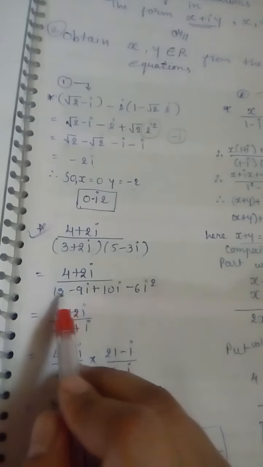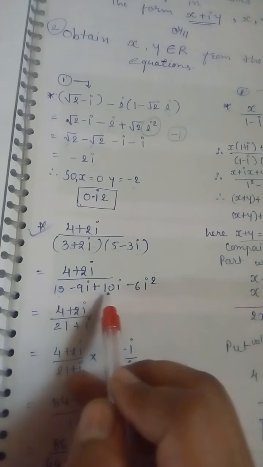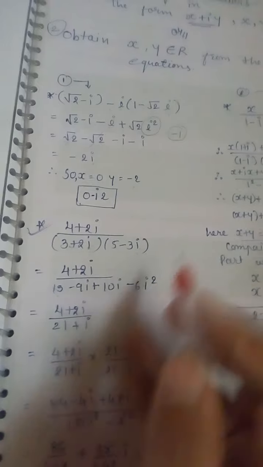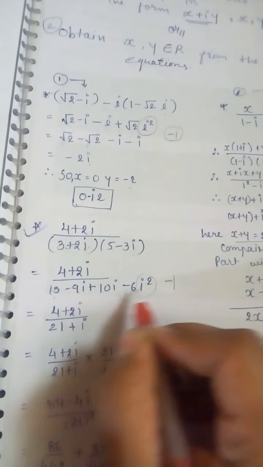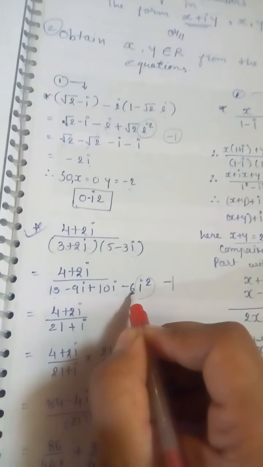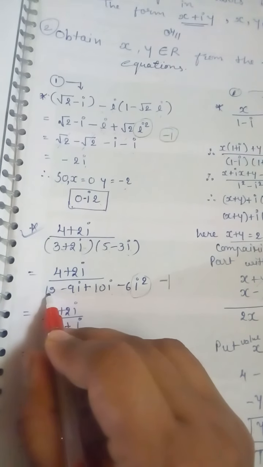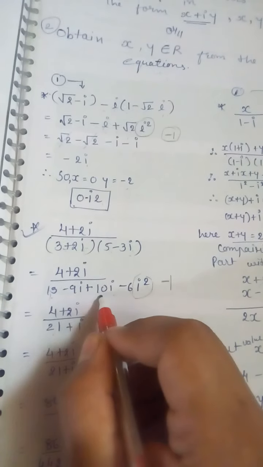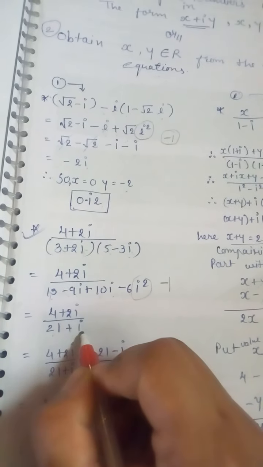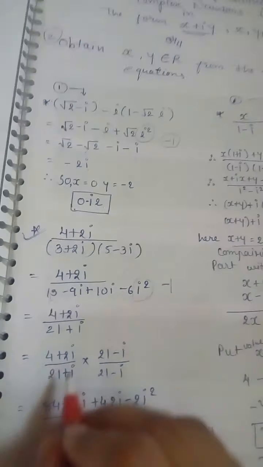So the answer will be 15 minus 9i plus 10i minus 6i square. Again i square results in minus 1, so minus 6 will become plus 6, and plus 6 and 15, both real numbers, will be added and become 21. Here minus 9 plus 10 will become plus 1i.